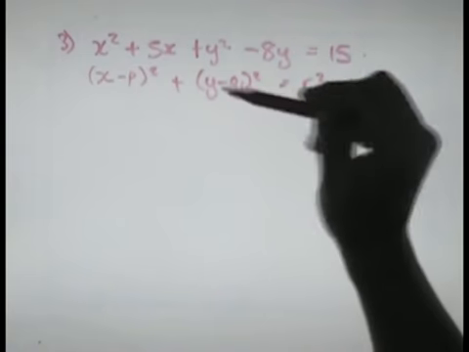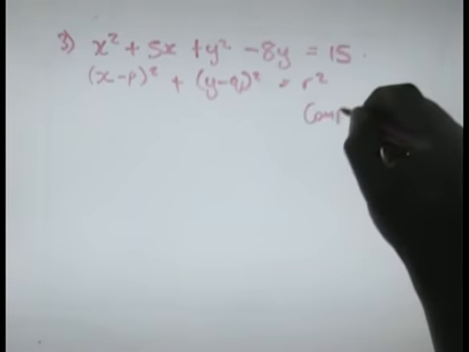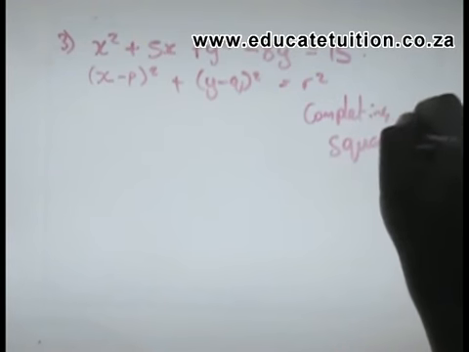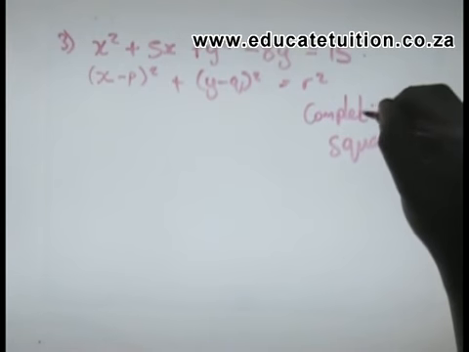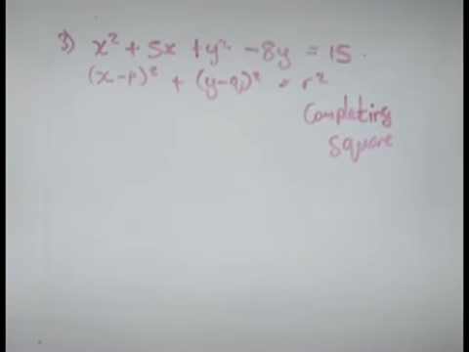In order to get it to that form though, we are going to have to use a technique called completing the square. If you are unfamiliar with completing the square, I'd suggest you first go through it. Reference to it is made on screen at the moment. Go through it in the Paper 1 DVDs and then come back to this.